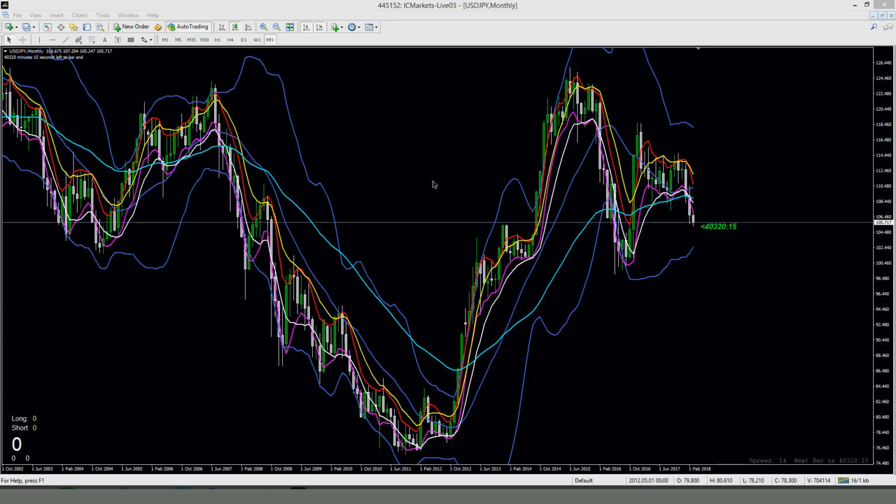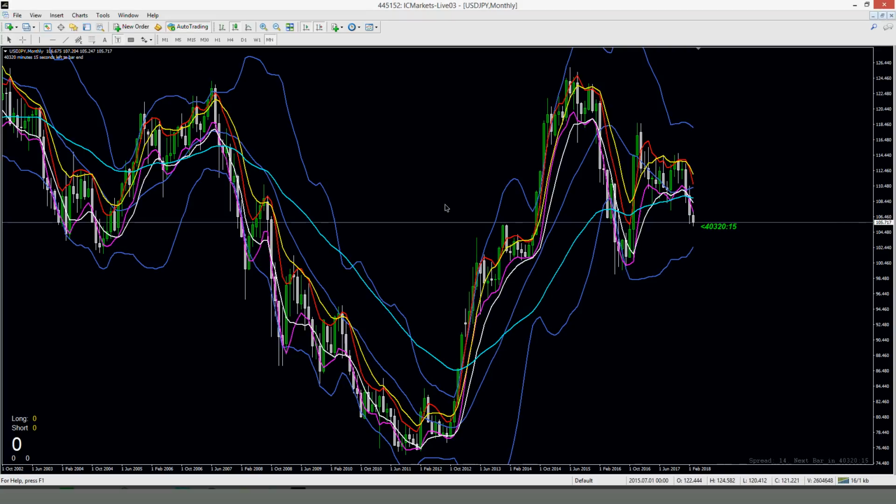Our main technique is BBMA, and in BBMA there are only two setups that we are allowed to enter: MHB and re-entry.